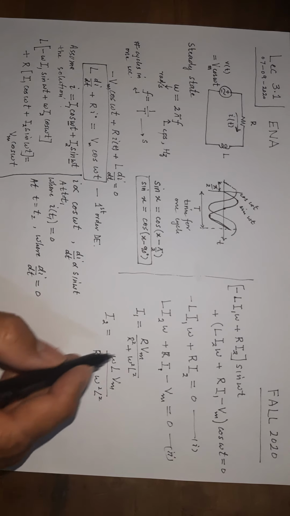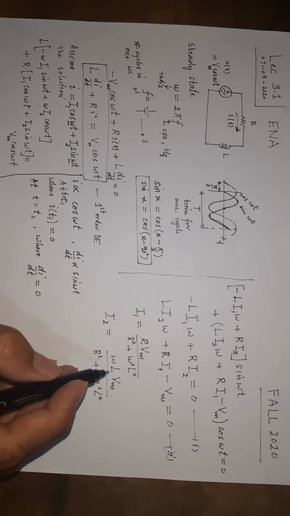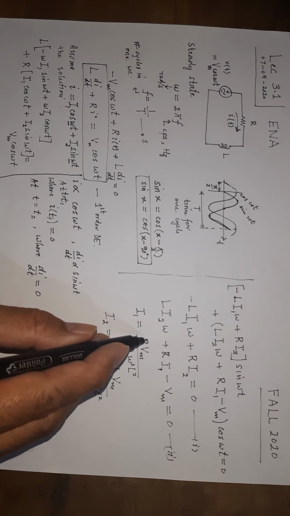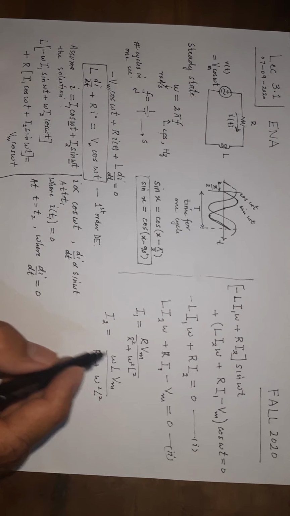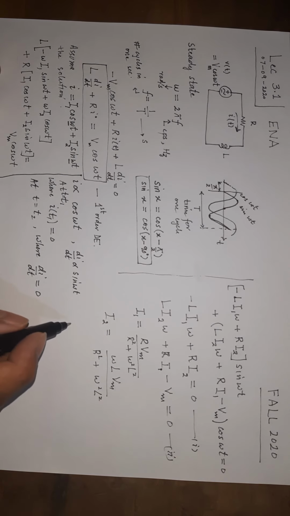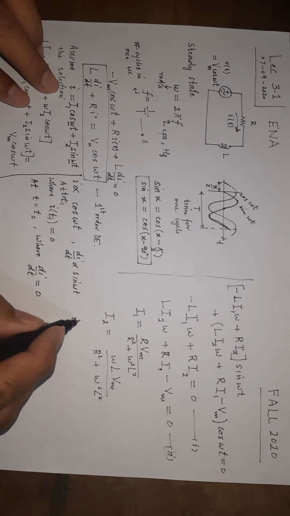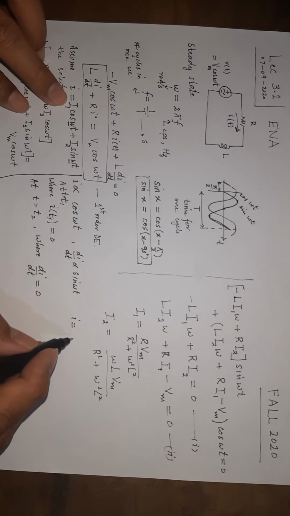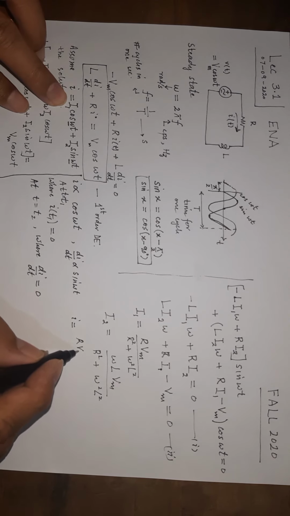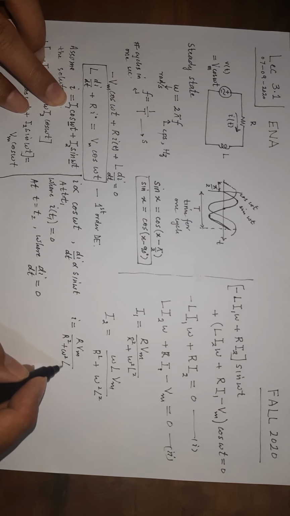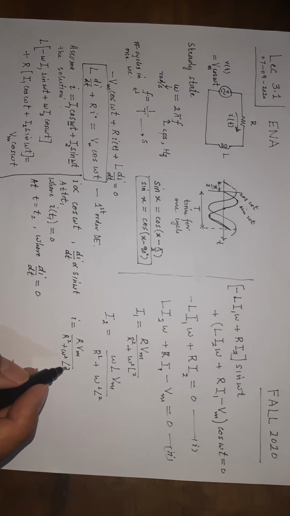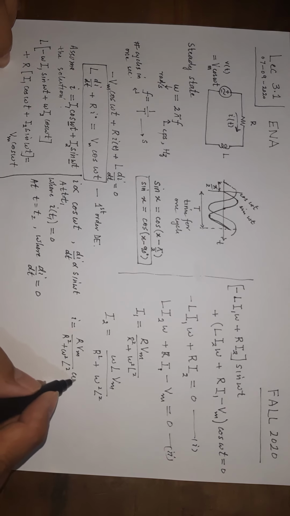So both the denominators are the same. Here it is an R, and here it is omega L. So overall, I would be equal to R Vm over R square plus omega square L square, cos of omega t.